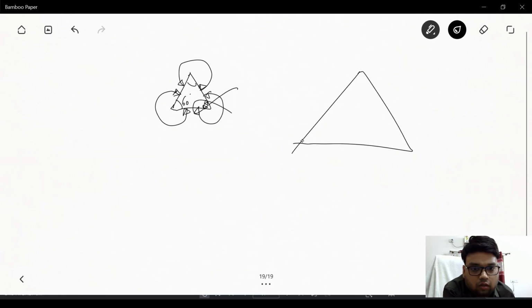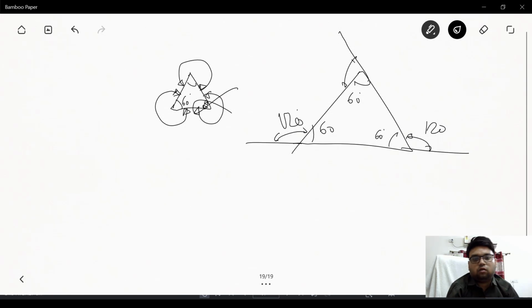Look at here. If this one is your 60 degree, then your exterior angle will be equal to this one. You can draw it like this and like this. If this one is 60 degree, then this one is equal to 120 degree. Okay, so how can we write this in such a format?